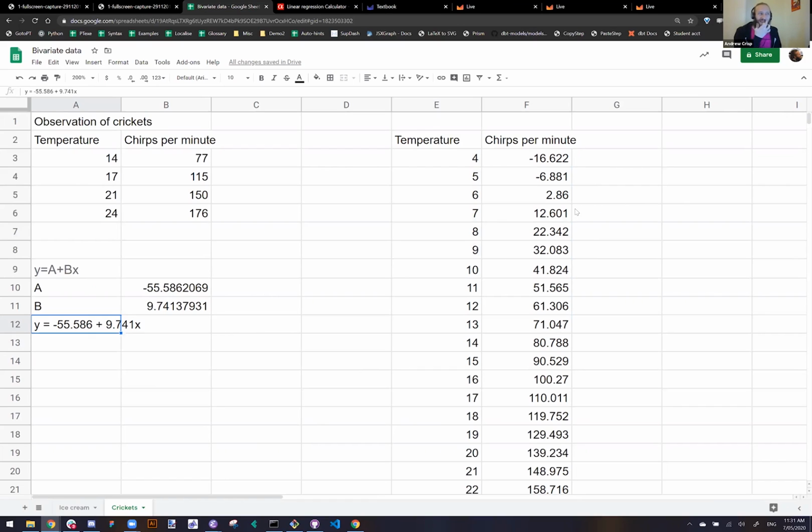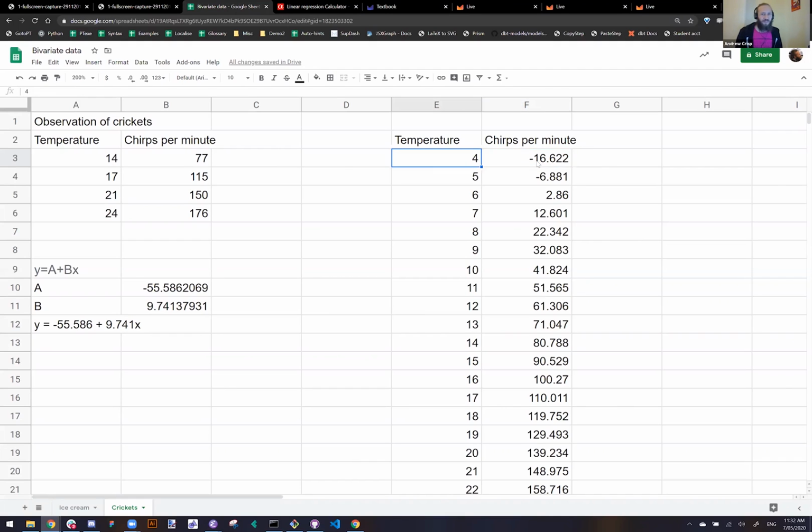But this is where we start to go, maybe our predictions aren't so good. So when the temperature is 4 degrees, the crickets are going to be making minus 16 chirps per minute. That doesn't make any sense.